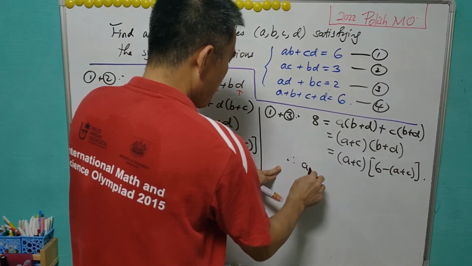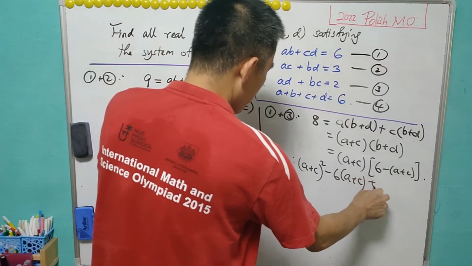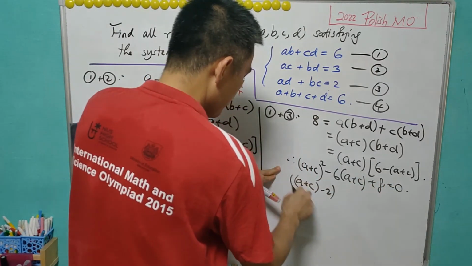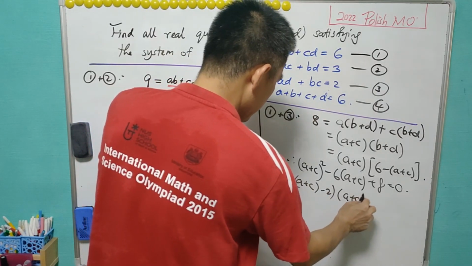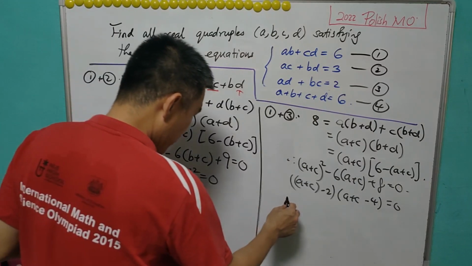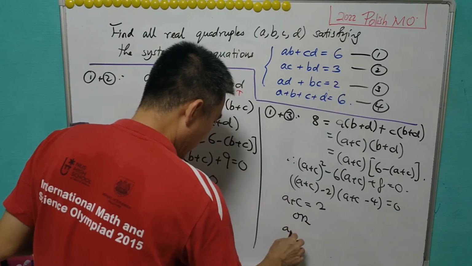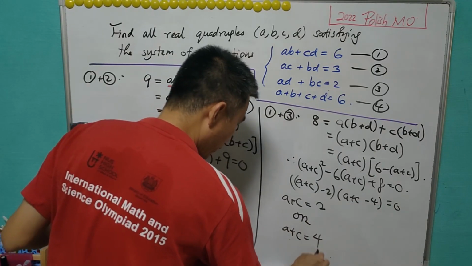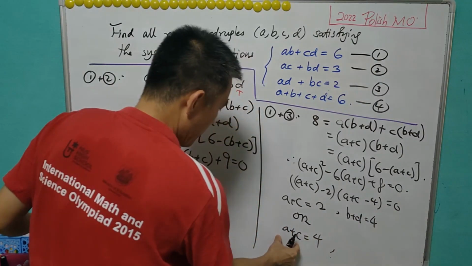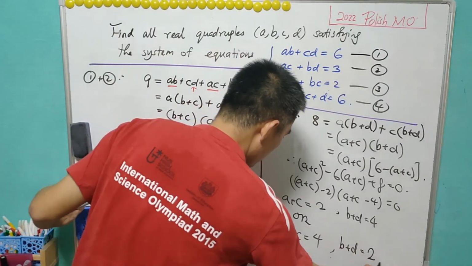So (A + C)² − 6(A + C) + 8 = 0. So (A + C − 2)(A + C − 4) = 0. There are two possible values: A + C equals 2 or A + C equals 4. When A + C equals 2, B + D equals 4. When A + C equals 4, B + D has to be equal to 2.